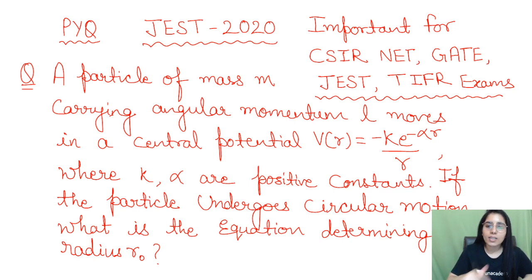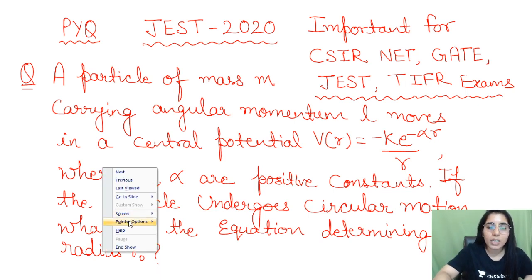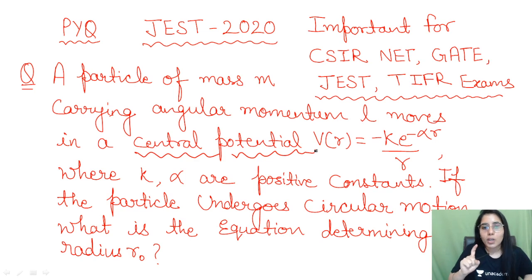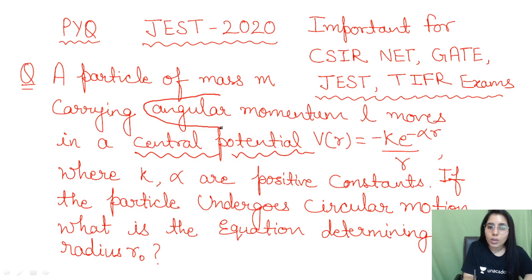You can see that they have given you the potential expression, and that is the central potential. Okay, it has been given to you. Now the next important point you need to observe is that they are talking about the angular momentum L. Clear?